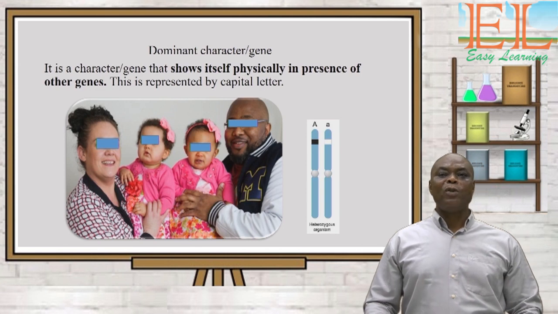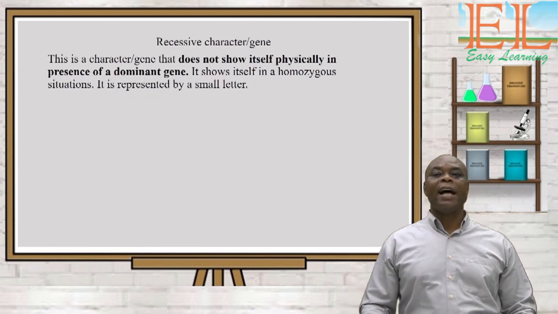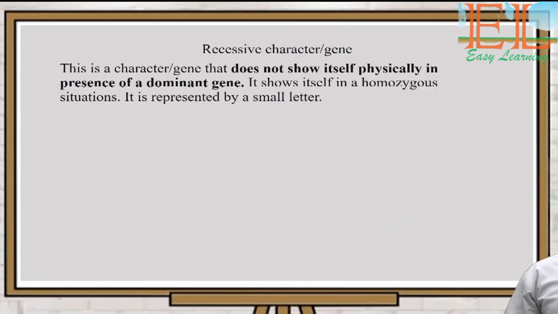Now, our next terminology is recessive character or gene. This is the character or gene that does not show itself physically in the presence of a dominant gene. So if a dominant gene is there, then it will not show itself, though that particular character is there.